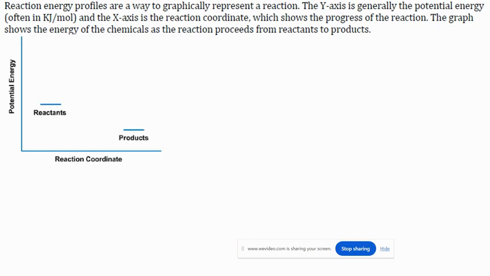So just with this little bit shown here on our graph and nothing more, I can tell you automatically that this is exothermic. Your reactants start out at a higher energy than your products. Okay. So that's the way these look.